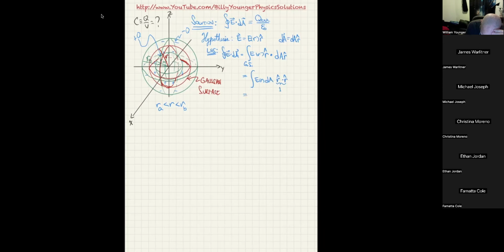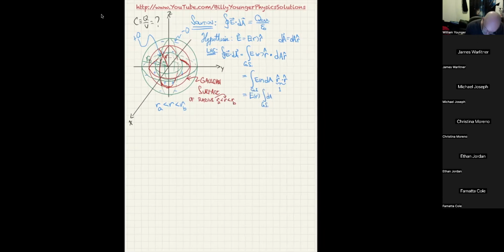Now, because the electric field has been evaluated at a very specific radius r, it is really just a constant E of r for that point. And this is just an integral dA over the Gaussian surface, which, as we said, was in fact a sphere of radius r, with R_A less than r less than R_B.